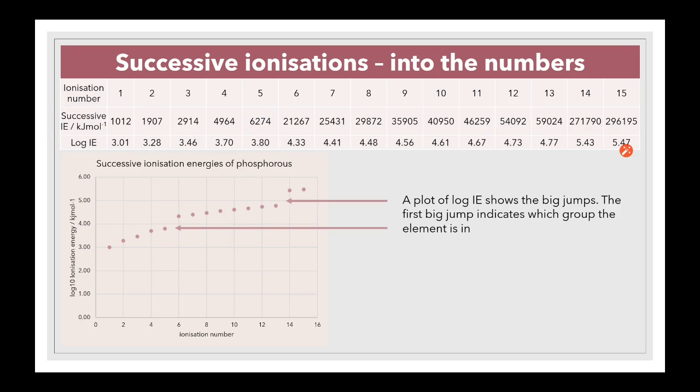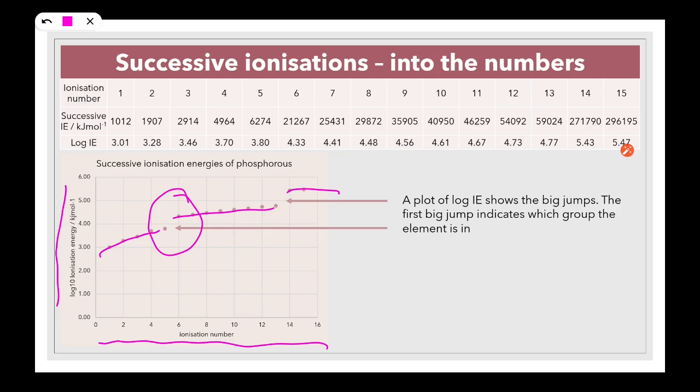And if we plot the log of the ionisation energies on the y-axis against the ionisation number, i.e. which one we're taking off, we can see jumps. So we see a reasonable trend there, and they're looking like they're similar. But then we have some jumps.